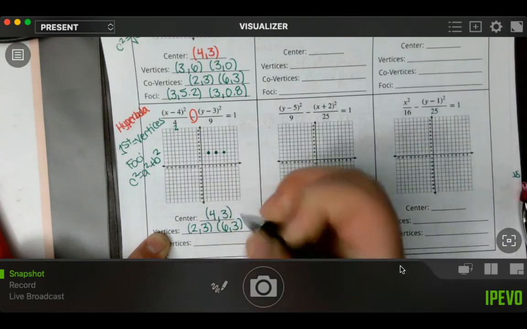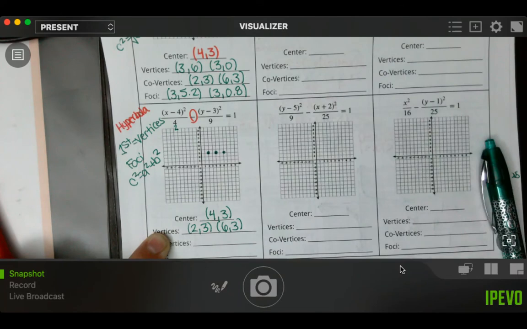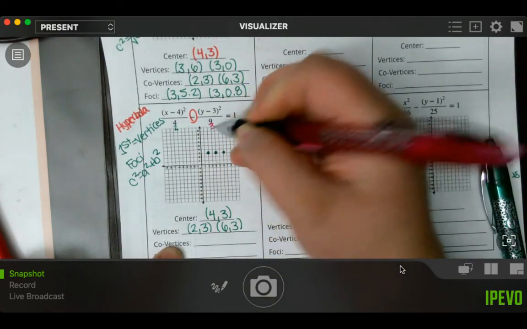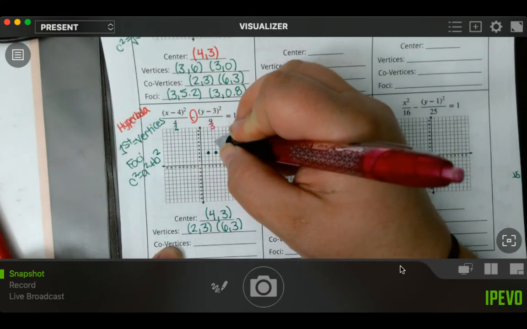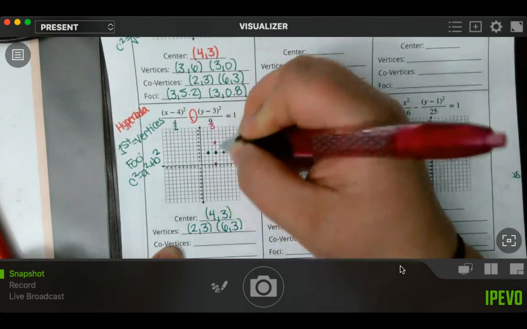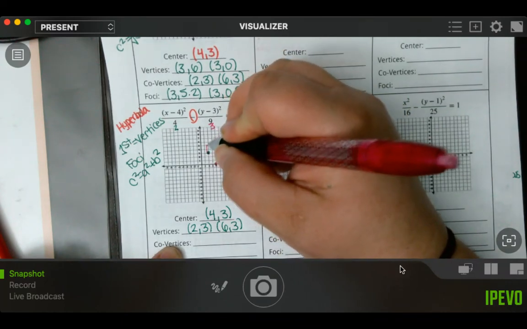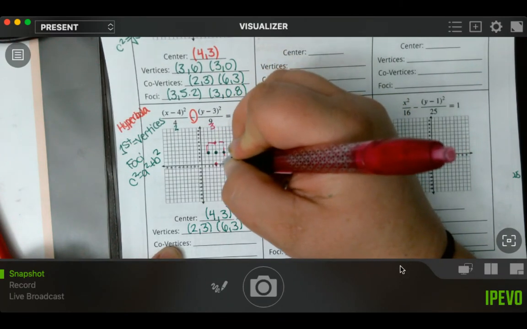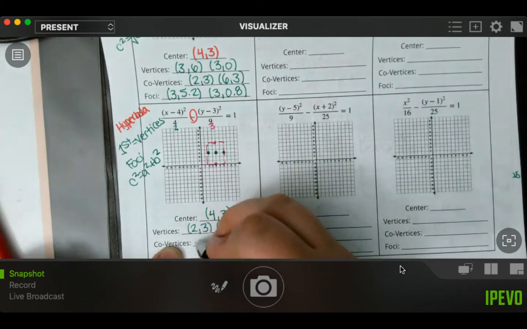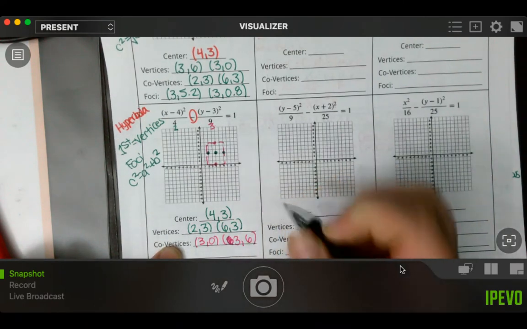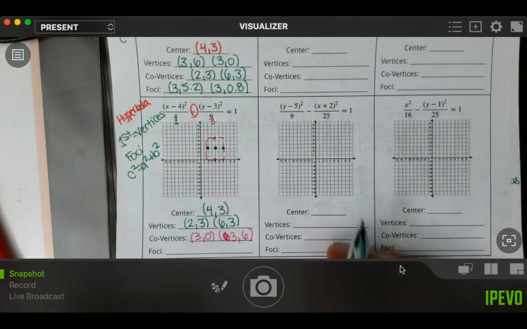Graph them first, please. That helps a lot. Then for my covertices, the square root of 9 is 3. So I go up 3 and down 3, because that number is underneath the y. And then I make a box out of my vertices and my covertices. And those 2 points I just drew, oops, got a little ahead of myself, are 3, 0 and 3, 6.